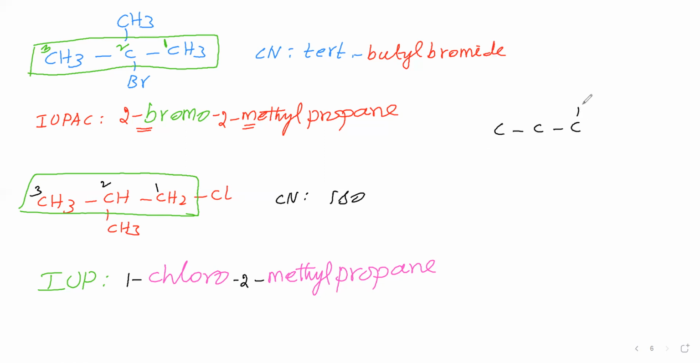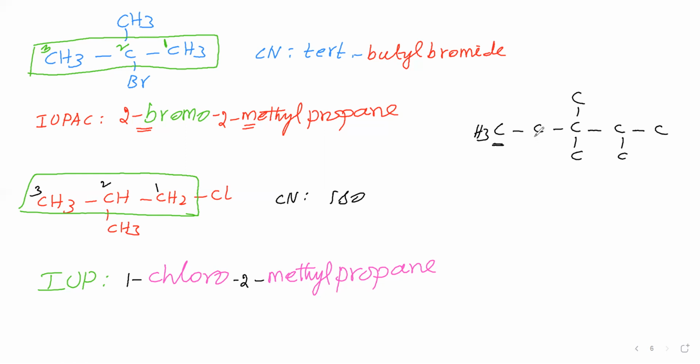Let me take a compound like this. Here to this carbon only one carbon is directly linked. Therefore this carbon is primary carbon.